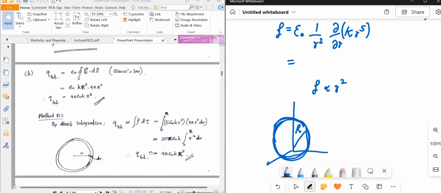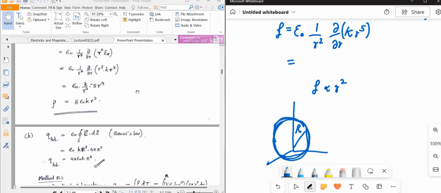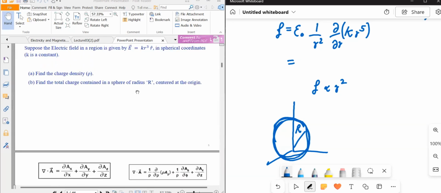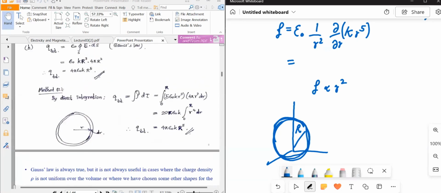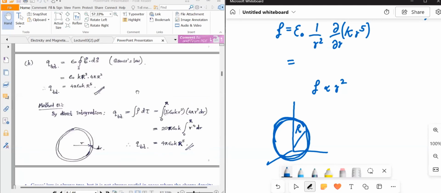So both of these answers should be the same, and you can calculate the total charge contained in a sphere of radius r centered at the origin using these two methods. Check whether you are also getting the same answers. Mainly two methods are emphasized here. One is to use the Gauss law in integral format, and the second method is to integrate the charge density.